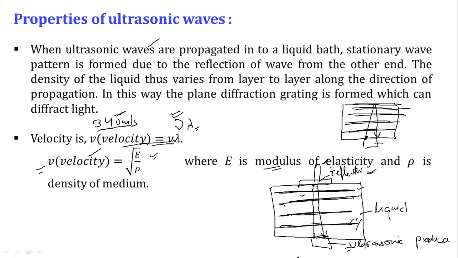You notice on this knob the reading whenever the emitter current is minimum or maximum. If let's say here the current is maximum, then next it will be maximum here. And you know the difference between nodes and antinodes. Using that, you can calculate the wavelength, and then you can calculate the velocity or the frequency of the ultrasonic waves in that particular medium. So, this is what is meant by the above point.